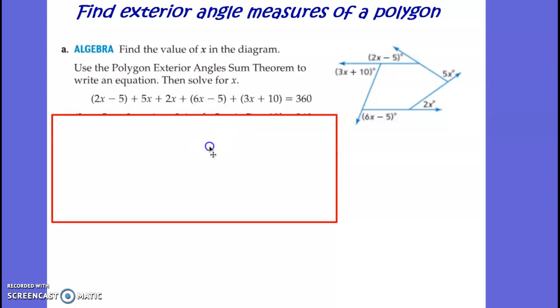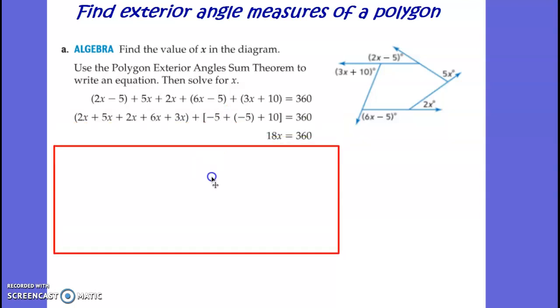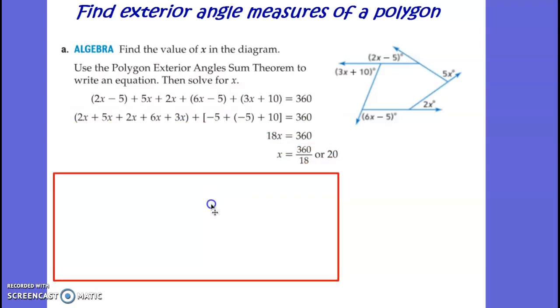So then to combine like terms and solve for x, we get that x is equal to 20. If we wanted to take it a step further and find each individual exterior angle measure, we would just substitute 20 in for x and then evaluate that expression.